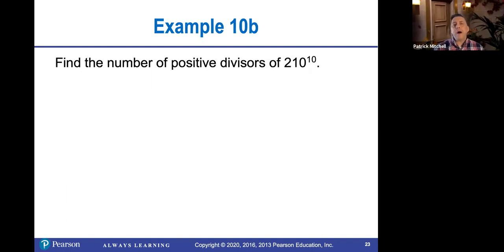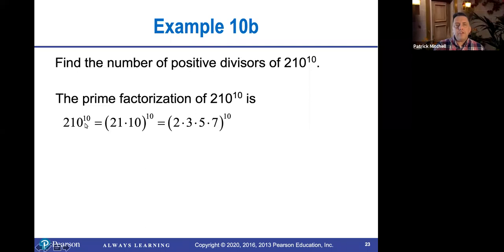Next, to find the number of positive divisors of 210 to the power 10. That's a huge number. Again, we'll use our exponent rules. So write 210 as 21 times 10. And then write 21 as 3 times 7. Write 10 as 2 times 5. So 2 times 3 times 5 times 7 to the power 10 would be 2 to the 10th times 3 to the 10th times 5 to the 10th times 7 to the 10th.